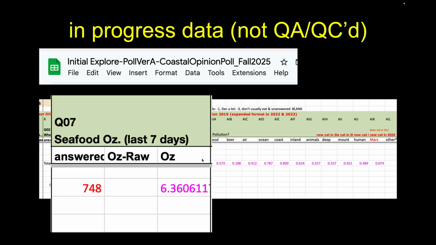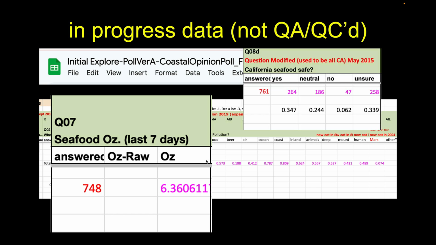And then for things that have a continuous variable like seafood, the amount of seafood that have been consumed in the past week, this is just a simple mean. So in this case, we have 748 people reported eating seafood, and those folks on average were consuming about 6 1/3 ounces of seafood.